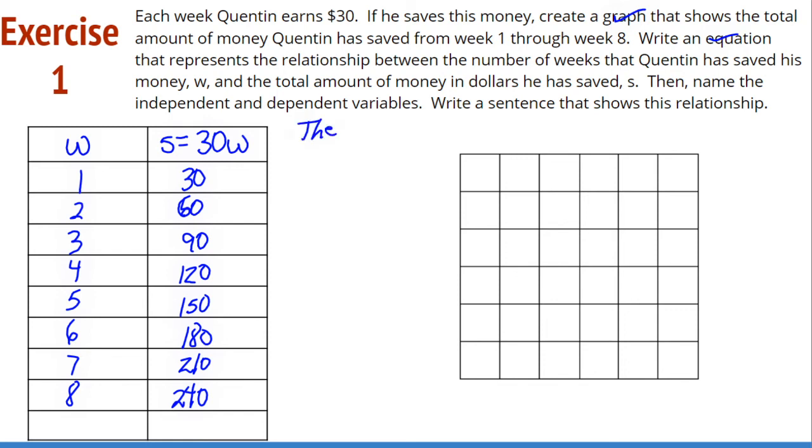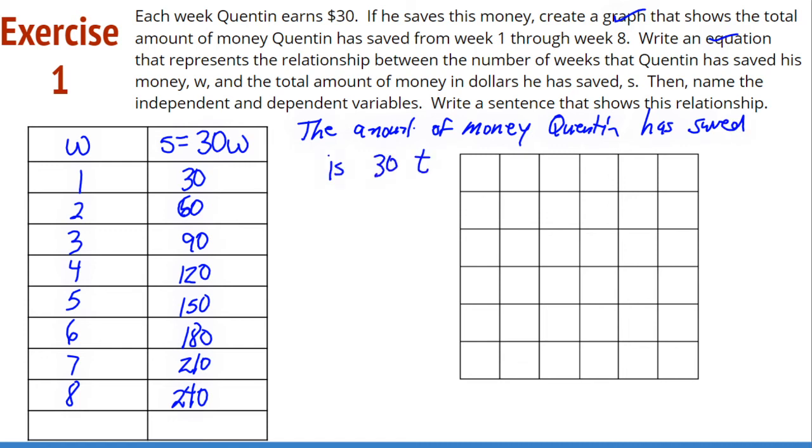The amount of money Quentin has saved is 30 times the number of weeks he has been saving.